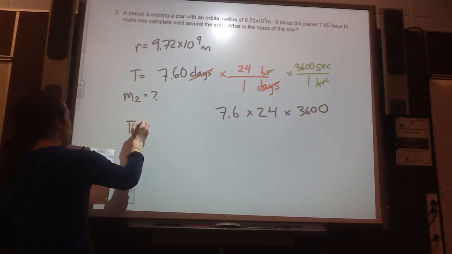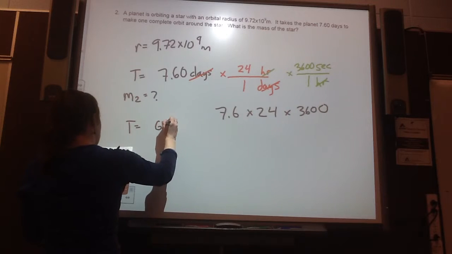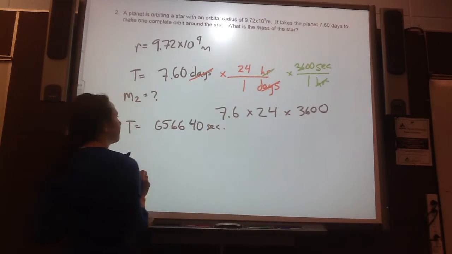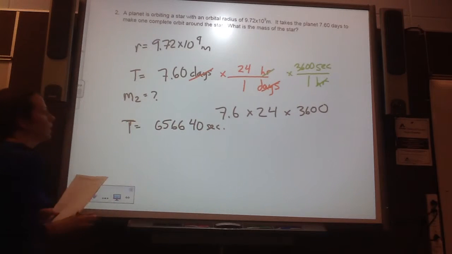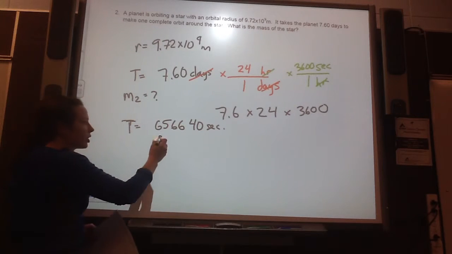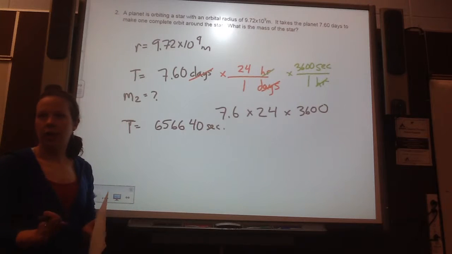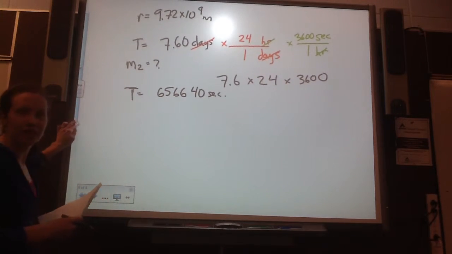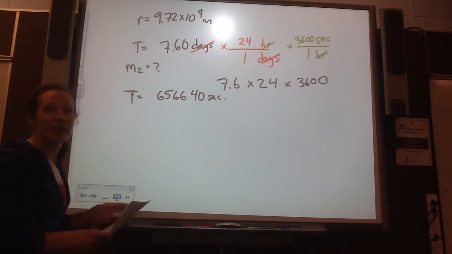The T we use in our formula is 656,640 seconds. I would do that first, make sure all of your units are okay before you get too excited.